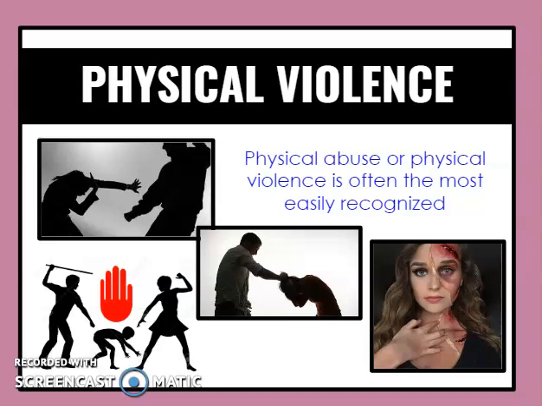Physical abuse or physical violence is often the most easily recognized, as we just talked about. Physical violence can be any kind of hitting, shaking, burning, pinching, biting, choking, throwing, and beating. An example might be a father hitting his child every time he thinks the child did something that went against what he thought they should do.